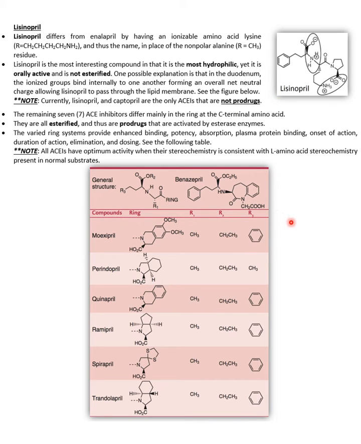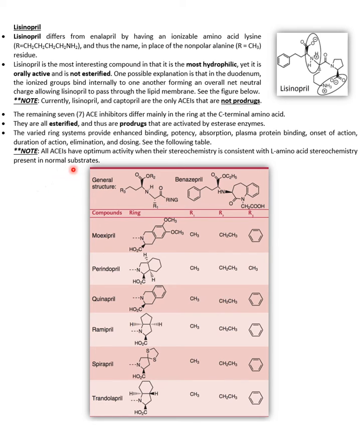And the only one that can be given as an IV is enalaprilat. It's the only one that's currently available in the market as an IV, which is Vasotec. The others can be given as IV, but they are not marketed as an IV formulation. Okay.